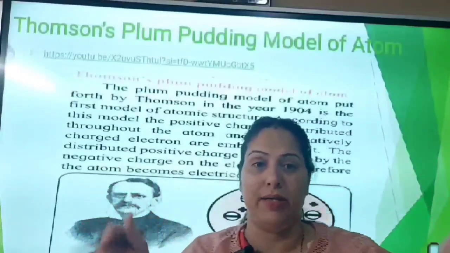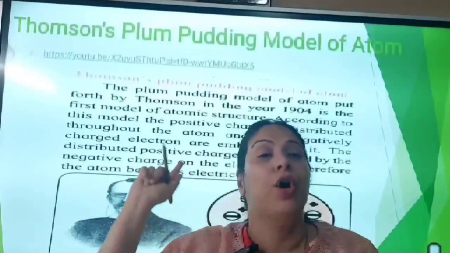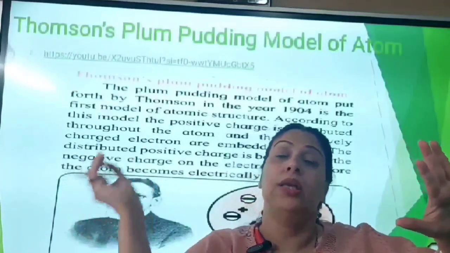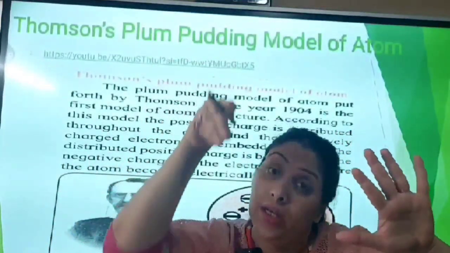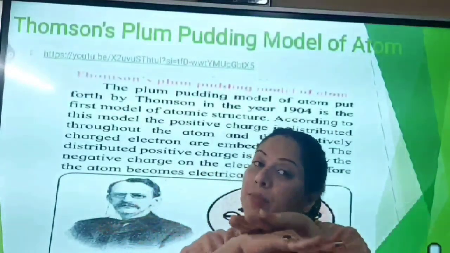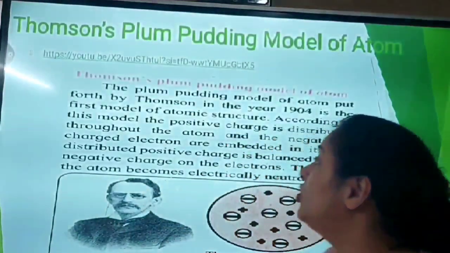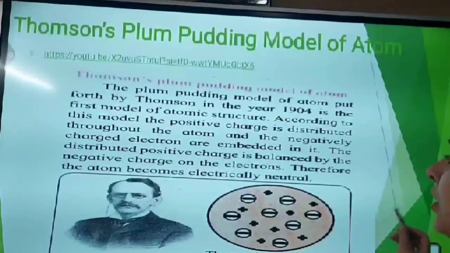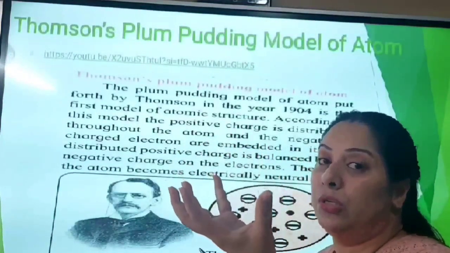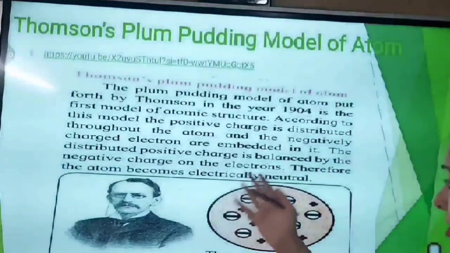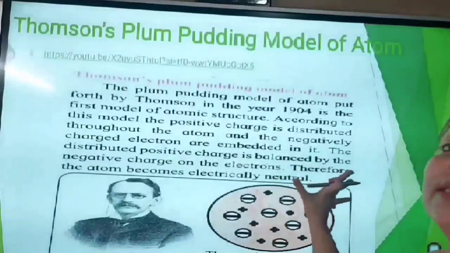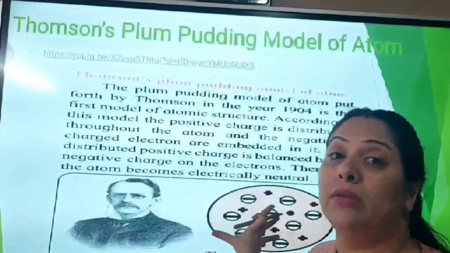See, plus 10 and minus 10 nullify, answer is 0. So there were as many plus charges embedded as there were negatively charged electrons. So it nullifies, it becomes neutral. 0 means neutral, balanced. Okay, so that's how the atom overall is neutral. Now this is J.J. Thomson and this is how the structure can come for drawing.